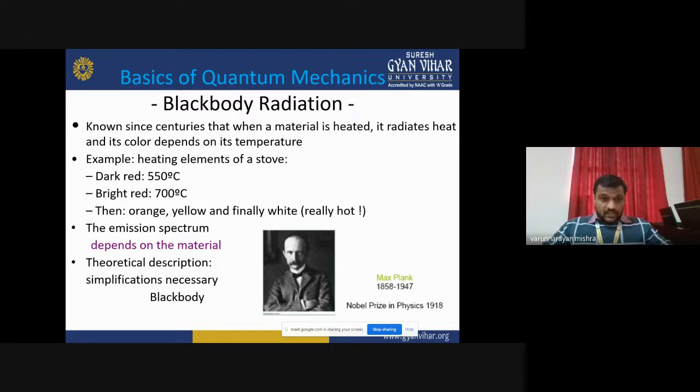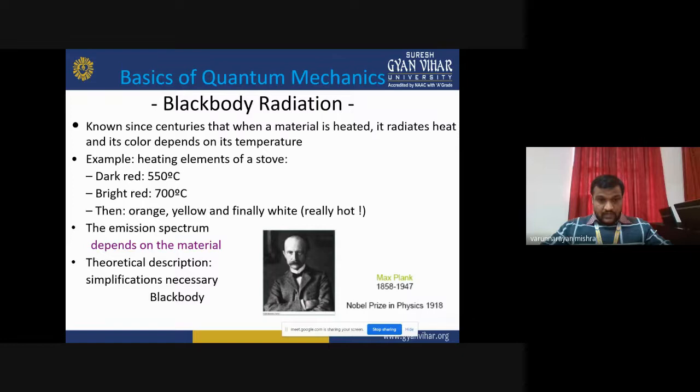For example, it glows bright red, then orange, yellow, and finally white. The emission spectrum depends on the material. Different materials may have different types of particles and different energy levels in the atoms of that molecule.